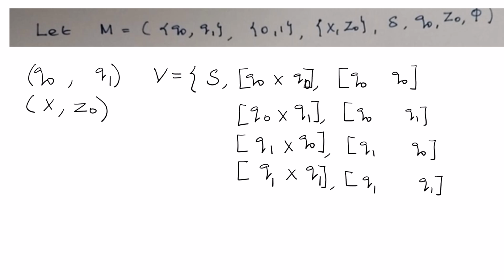We take here the stack symbol Z0 for each. So the total number of variables in this equivalent context-free grammar is 9. But all of these are not going to be useful symbols. After finding the productions, we want to remove the unwanted symbols which cannot be reached from the start state.